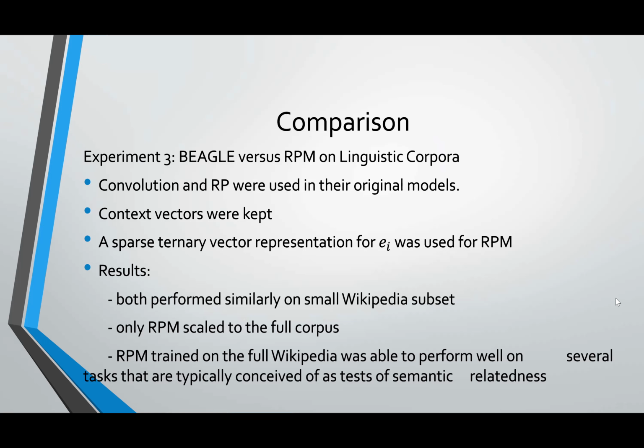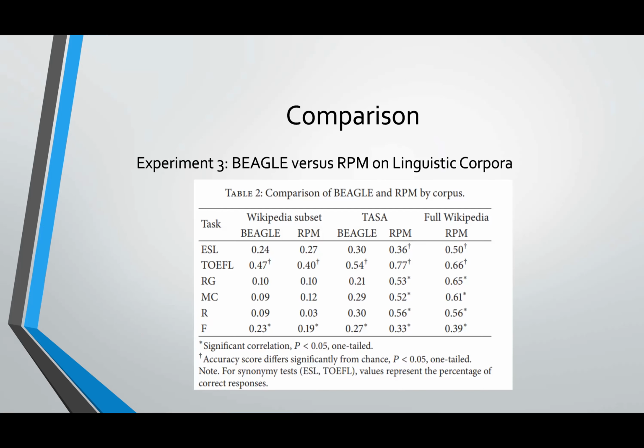The findings are that on a smaller subset of Wikipedia data, both Beagle and RPM showed similar levels of performance. So this means that on a smaller scale, both models are equally good at processing linguistic data and understanding semantic relationships. But a noticeable difference was shown when the models were applied to an entire Wikipedia corpus.